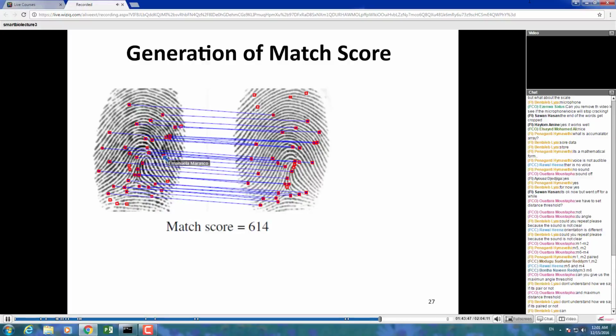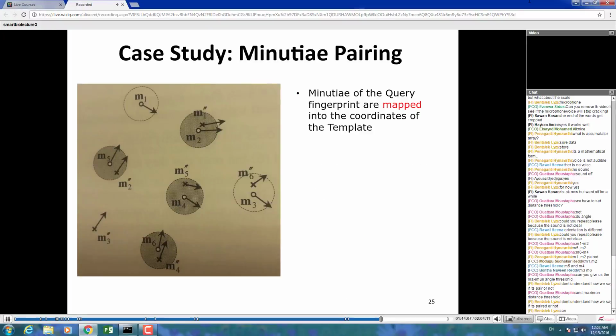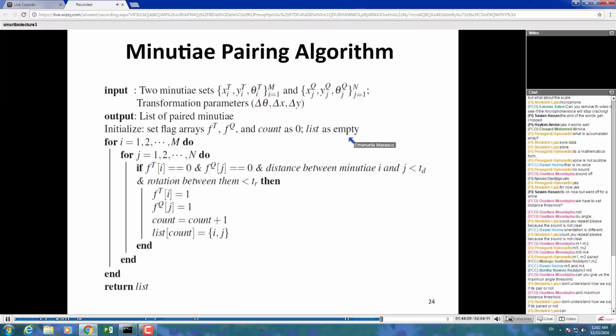The inputs are aligned minutia at this point because we are in the second step of matching. And then we have two pieces of information per minutia. So Lisa, which are these pieces of information? Which information is contained in the minutia point? This should be clear, otherwise you cannot understand how we pair them.